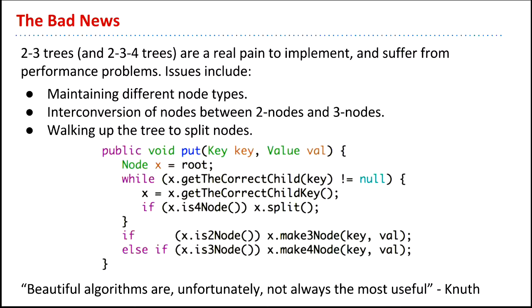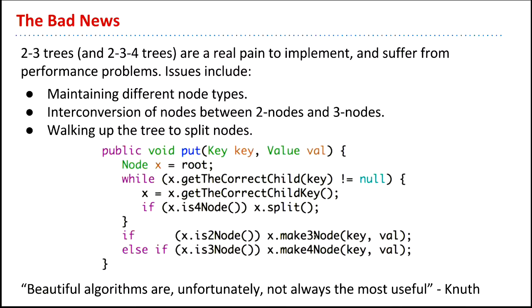So the reason we're bothering is because 2-3 trees and 2-3-4 trees are both kind of a pain to implement. Maintaining different node types and conversion between nodes with variable numbers of children is a pain. You can see from the sample code, is 4 node, x dot split, make 3 node. It's kind of gnarly.